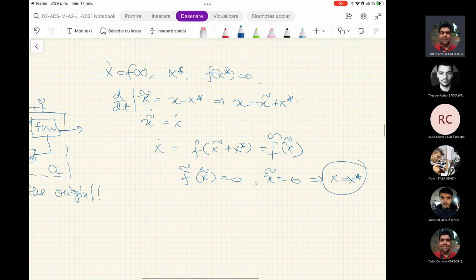Do I make sense? Do you understand? So if you take the variation with respect to the equilibrium point and rename your system like this, you can talk about the origin as an equilibrium point. Because you do this change of variables.